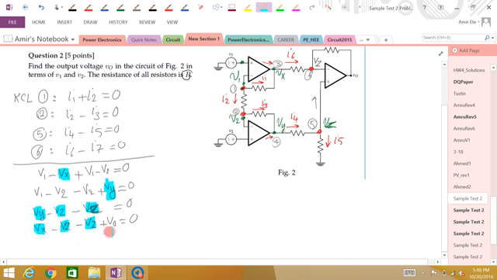These are the unknowns that I need to eliminate, and eventually have an expression in terms of V0 and V1 and V2.